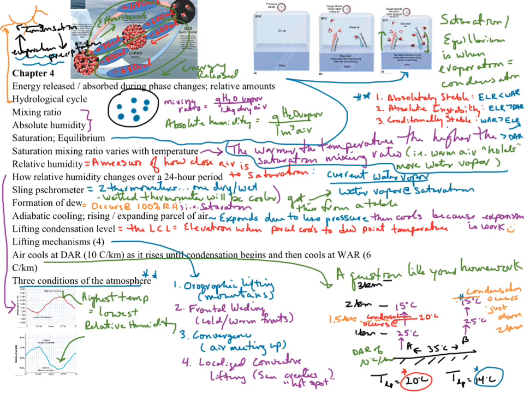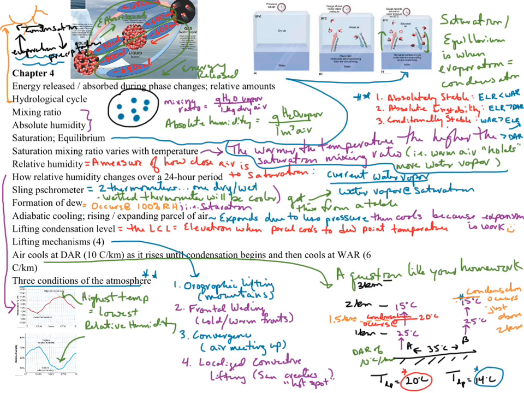So we say the atmosphere is absolutely stable if the environmental lapse rate, the ELR, is less than the WAR. And remember, you won't be penalized on the test whether you go with a WAR, the wet adiabatic rate, of 5 or 6. The atmosphere will be absolutely stable if the environmental lapse rate is less than 5 or 6 degrees Celsius per kilometer.